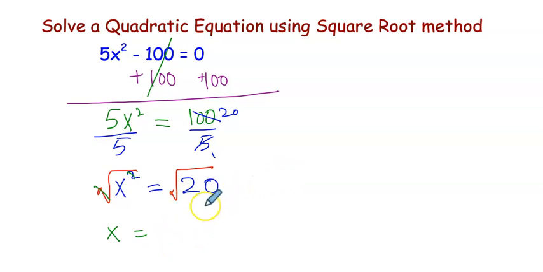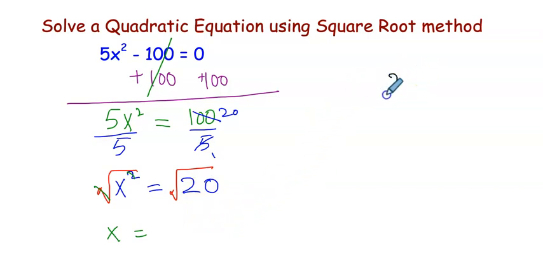But 20 is not a perfect square. The square root of 20 gives you an irrational number. You should not leave it here at this point. You have to simplify as far as possible.